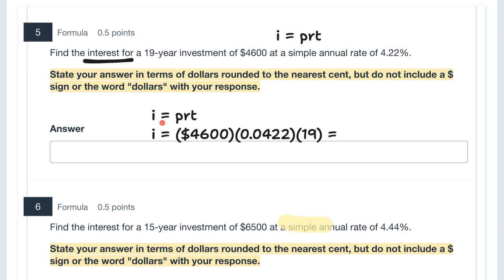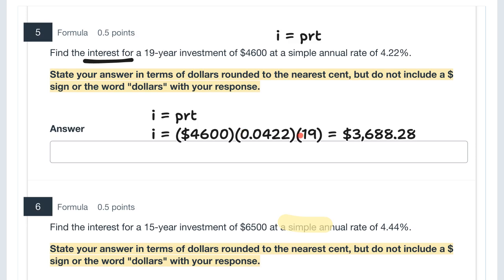4,600 times 0.0422 times 19. The interest is 3,688.28.